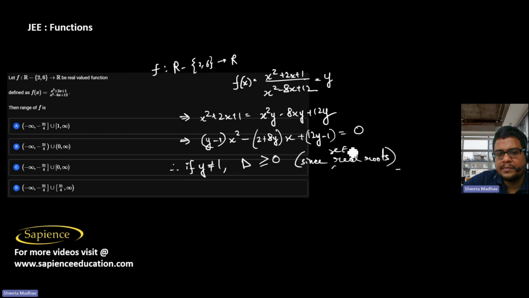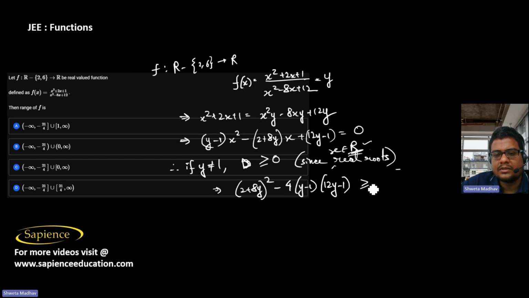Since x belongs to R, it should have real roots. So the value of the discriminant should be greater than or equal to 0. So therefore I can say b square, which is (2 plus 8y) whole square, minus 4ac, 4 into (y minus 1) into (12y minus 1), b square minus 4ac should be greater than or equal to 0.